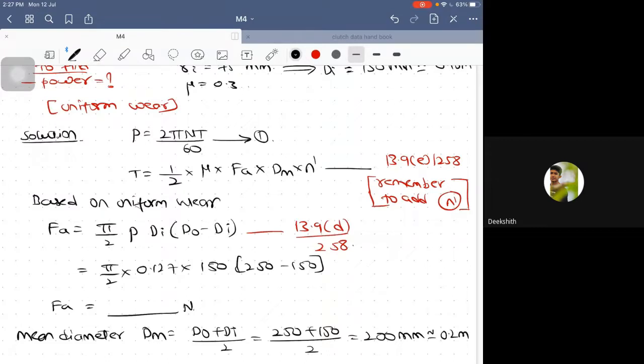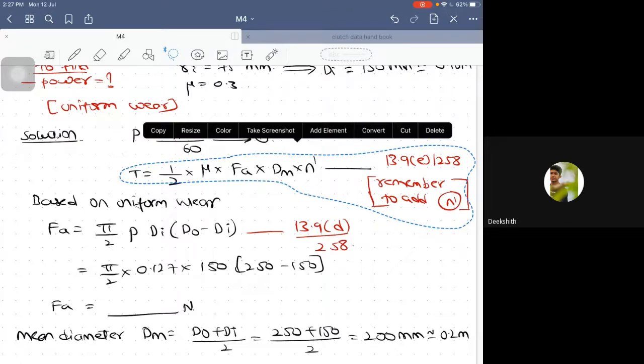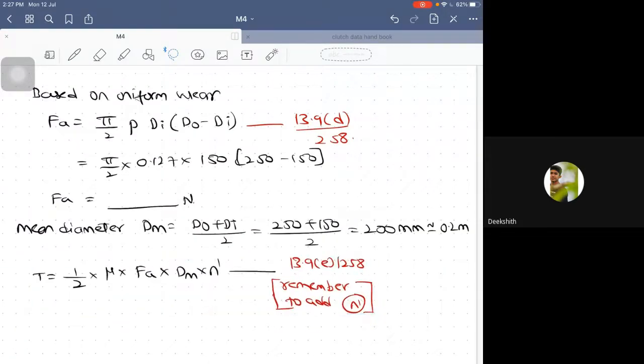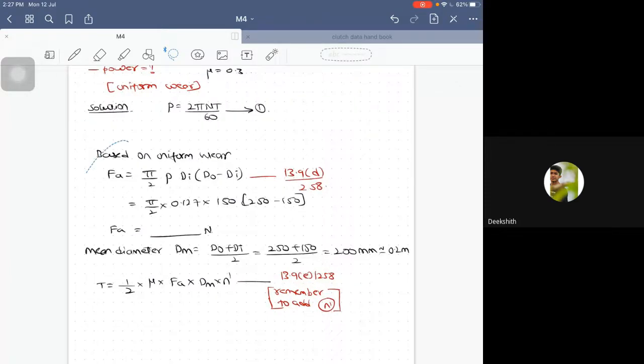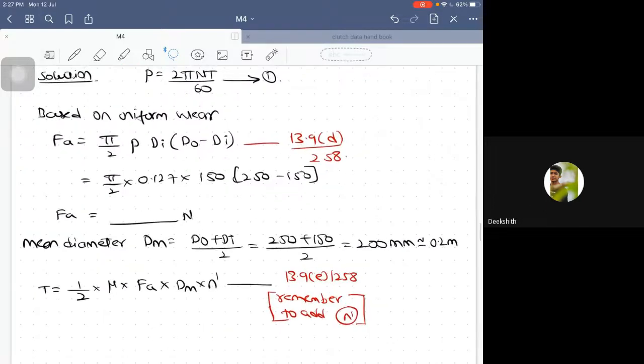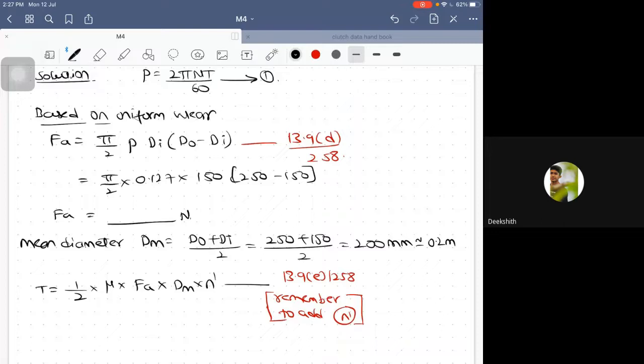What is the value of Fa? Okay, so 2,992.36.